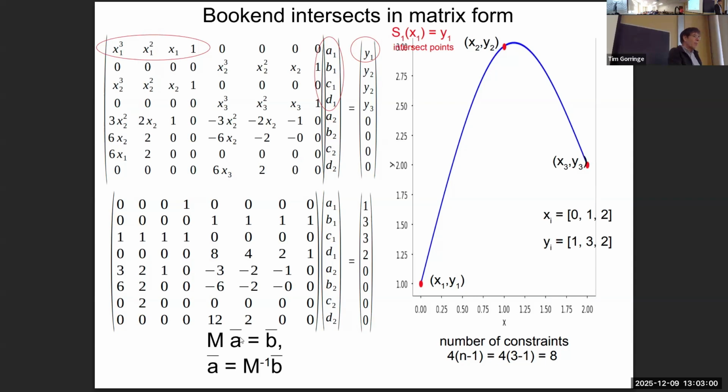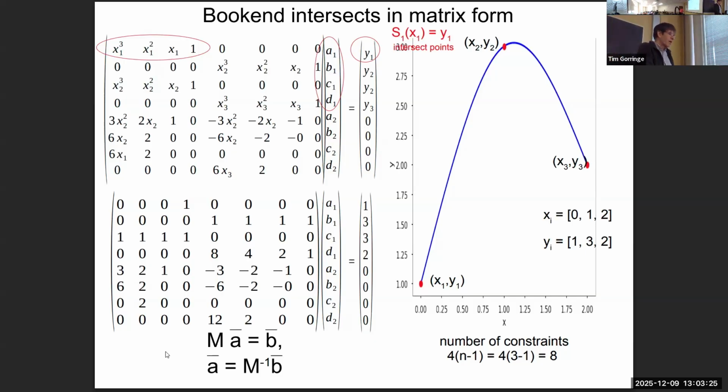They have this form of the matrix M multiplied by the vector containing the cubic coefficients that we want to solve for equals this second vector here on the right-hand side that just contains the known values of the dependent variable.